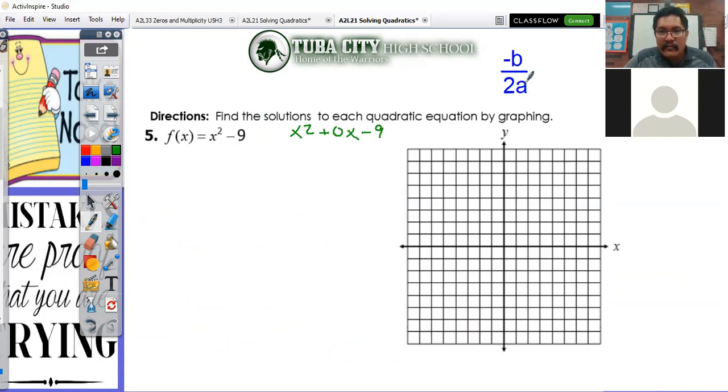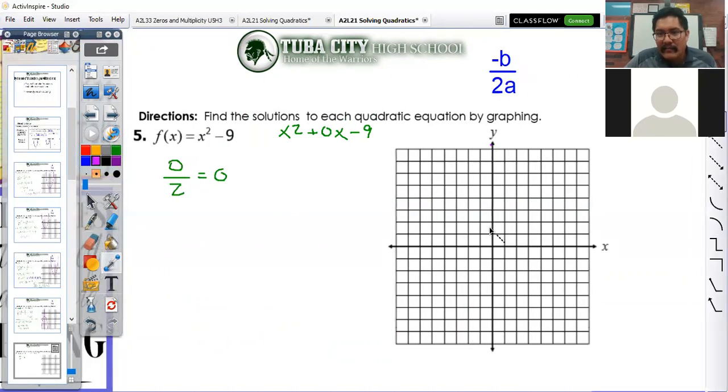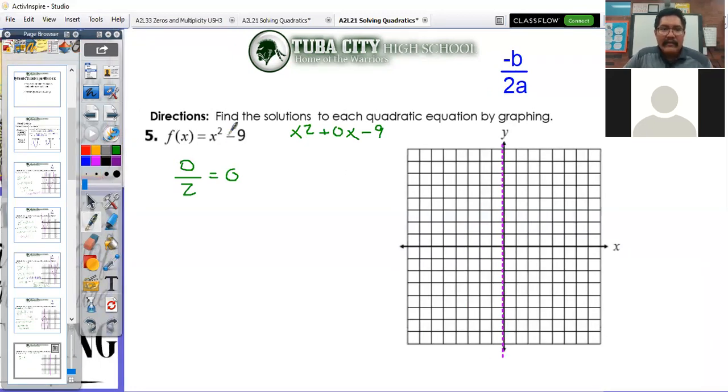So when I use my formula, I'm going to plug in b as 0. 0 divided by 2 is going to be 0. So it doesn't matter what the bottom number is, it'll always be 0. So my axis of symmetry is going to be right next to the y-axis. Now I'm going to plug in 0, but when I do this, you're going to notice something kind of weird.